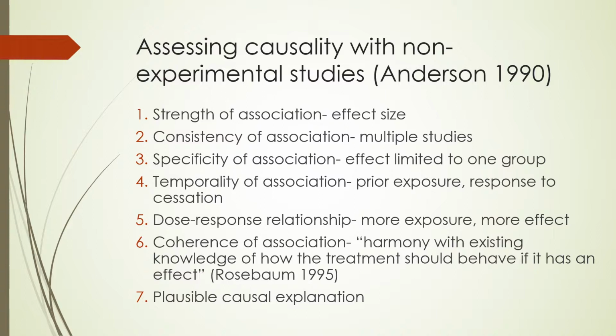Specificity of association refers to showing that there's an effect on a particular group that is exposed to some causative factor, which is not found in other groups which are not exposed. Good example of this would be white nose syndrome and effects on bat populations. Again, we find those caves where white nose syndrome has invaded, that numbers of bats have declined dramatically in most cases. Caves where it has not arrived have not declined.